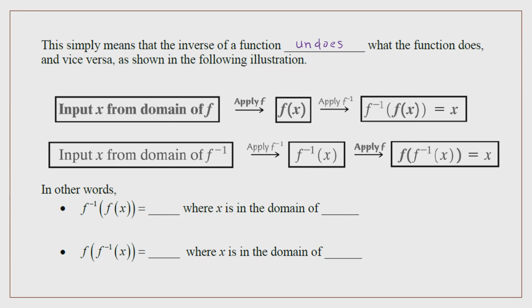So in other words, the inverse function of f of f of x equals x, where x is in the domain of f, and f of the inverse function of f of x also equals x, where x is in the domain of the inverse function of f. Okay. So this allows us to verify that two functions are inverses of each other.